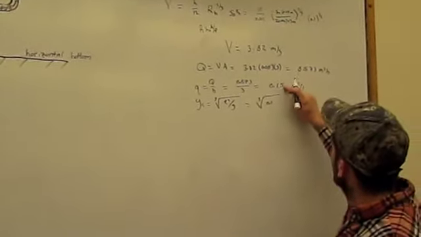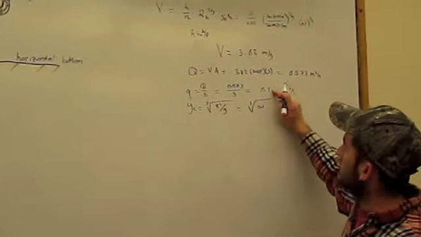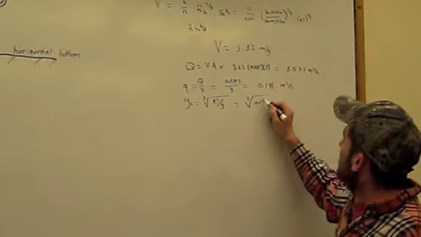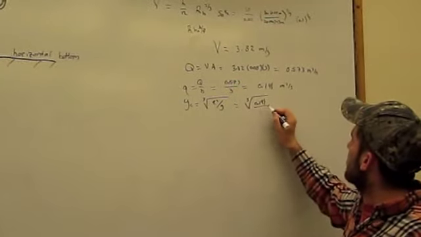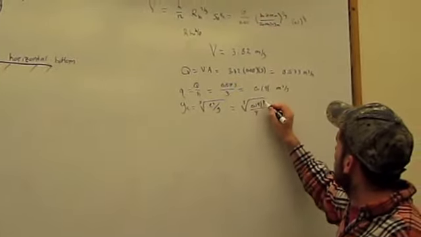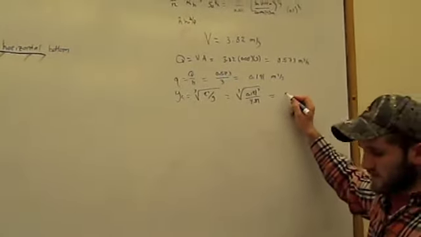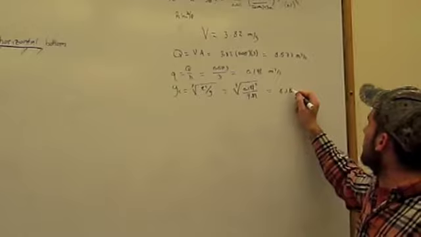I'm sorry, I wrote this down wrong. This q is 0.191. We'll plug that in over gravity and gives us YC as 0.155.